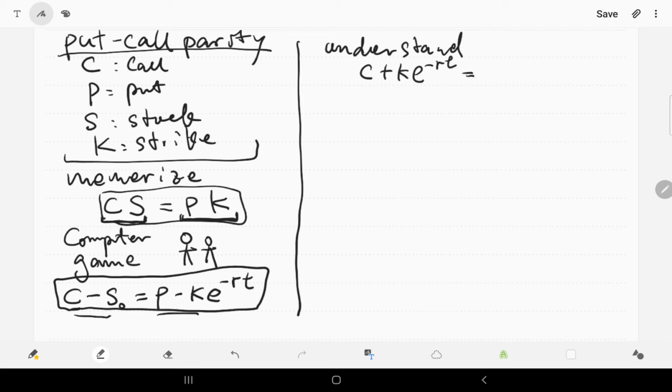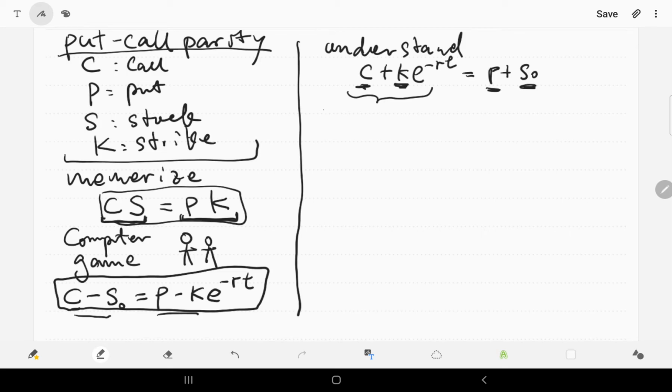So this equation is actually equivalent to this: a call option plus some cash with the amount of K, which is the strike price, is equal to another portfolio of a put option plus a stock.